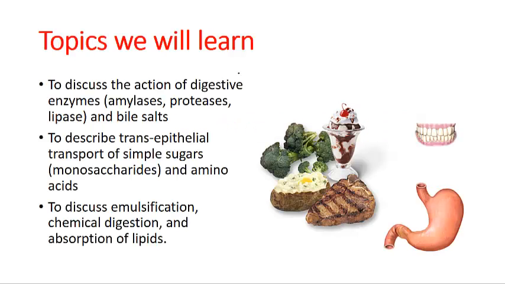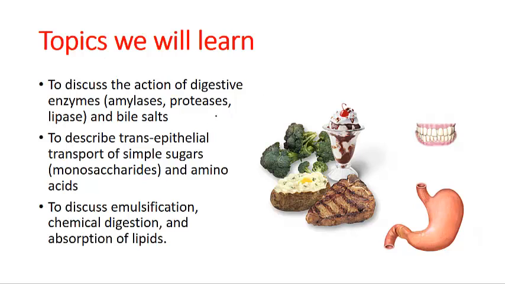Now chemical digestion involves breaking down of the food with the help of enzymes, and those enzymes will break down macromolecules into small fragments and nutrients. Once those small fragments are generated, then they are absorbed in the GI epithelium cells.